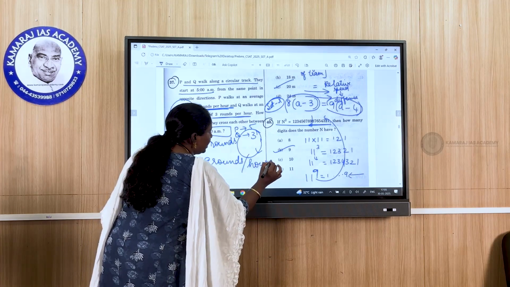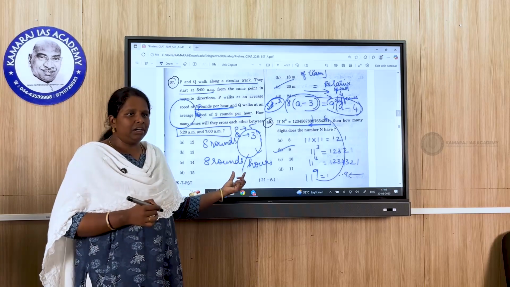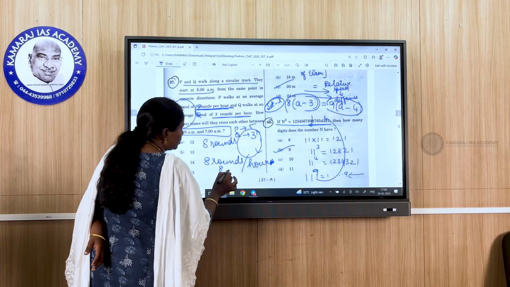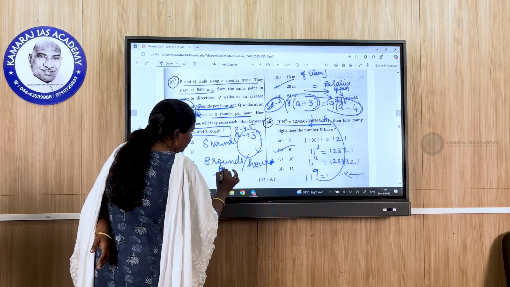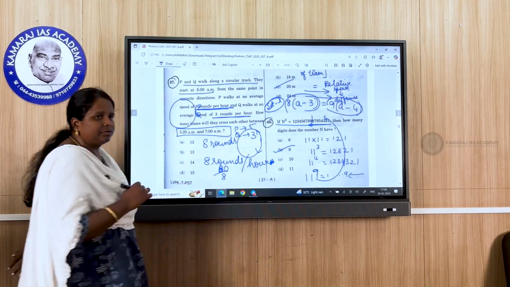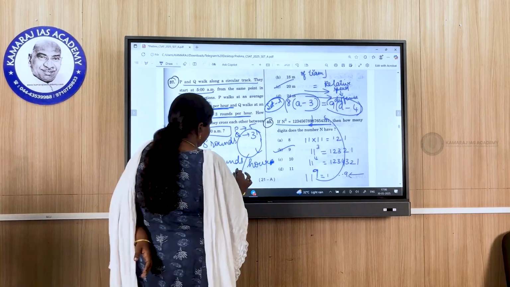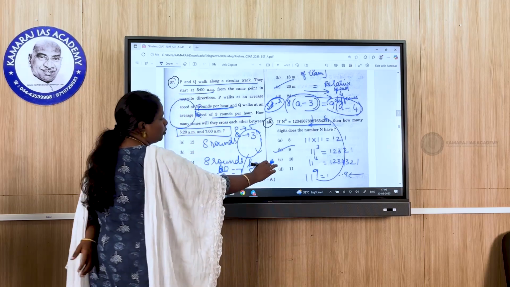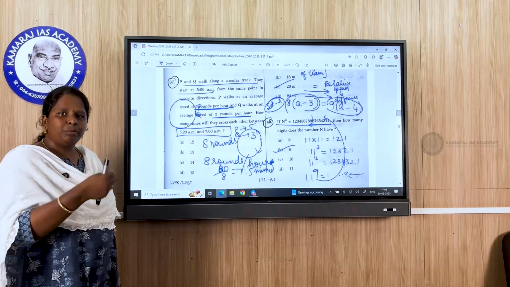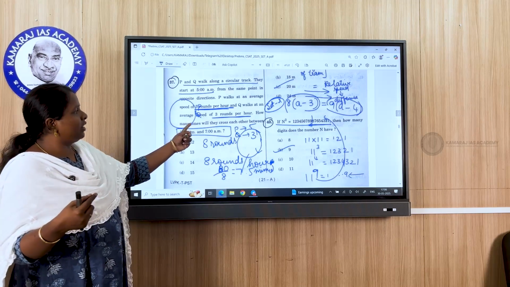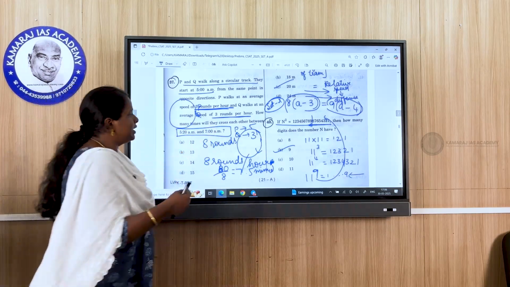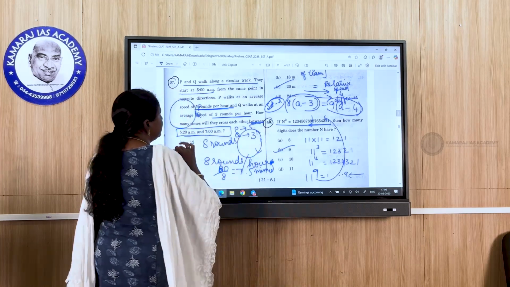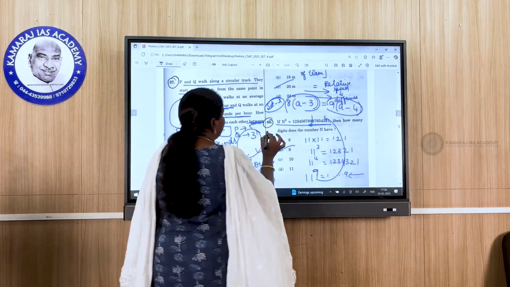I am dividing 1 hour by 8 rounds, that is 60 minutes by 8, and I'll get 7.5 minutes. So every 7.5 minutes, they cross each other, right? For example, if they start at 5 a.m., they are asking between 5:20 and 7 a.m. So they will be going for 5.